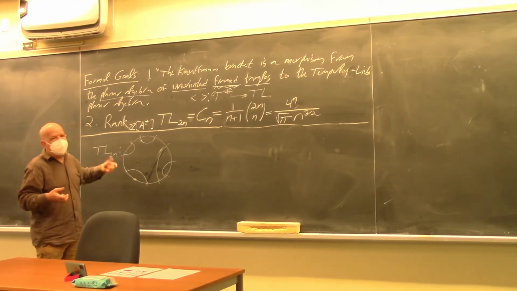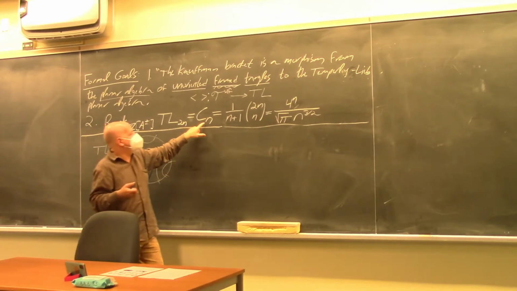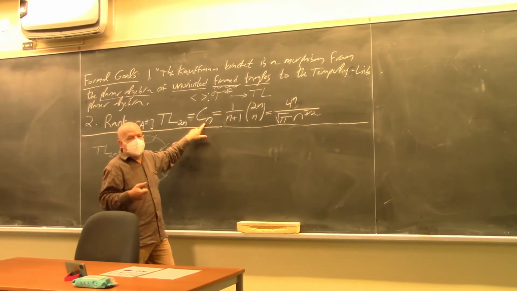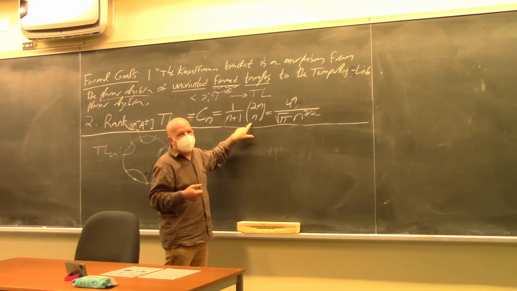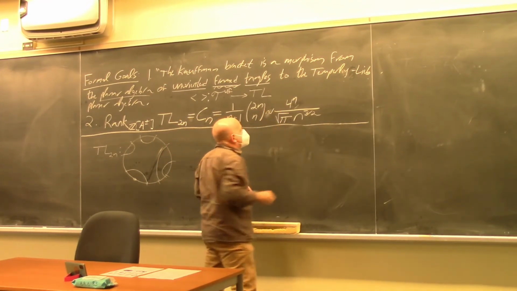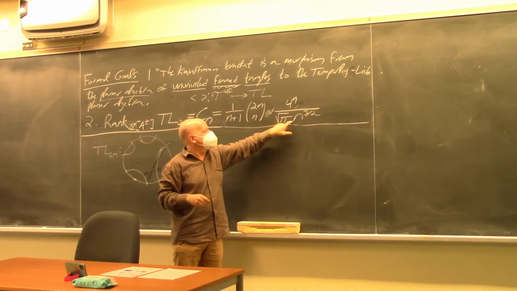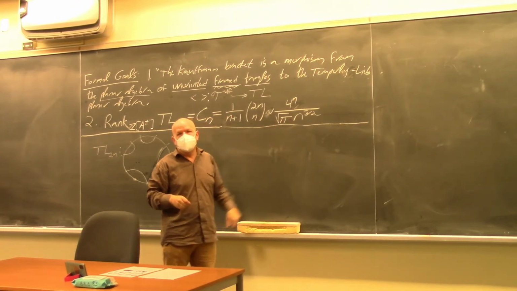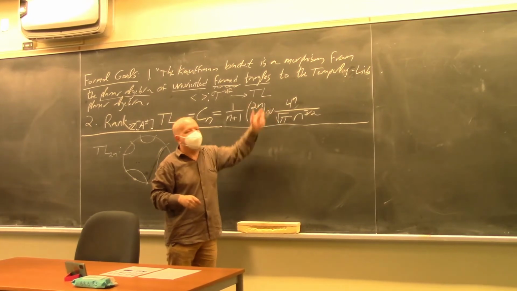I claim that this number is the nth Catalan number, which is given by this formula, and which is asymptotic to this, or approximately equal to that.